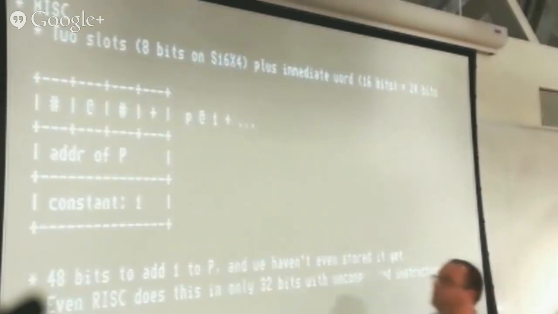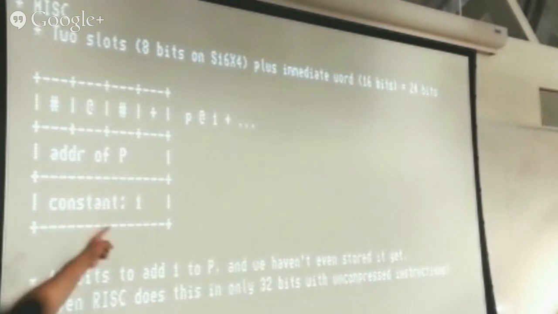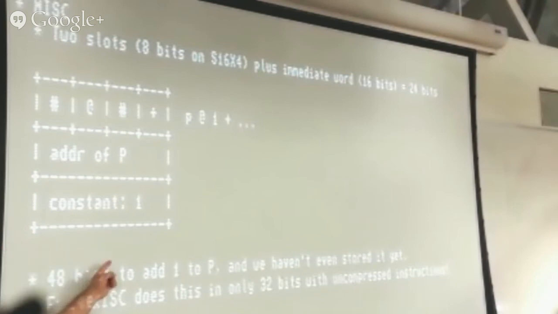And this is the reason why MISC, once you go above a certain data width, really cuts into your code density. So here's just pfetch1+, just a tiny portion of the code sample that I had earlier. And it takes up 3 words of memory. Now imagine if this was 64 bits wide.